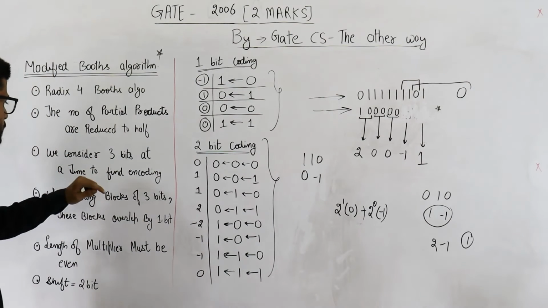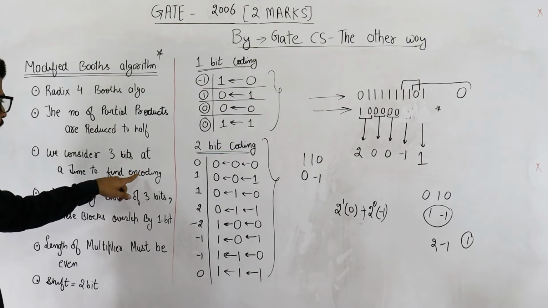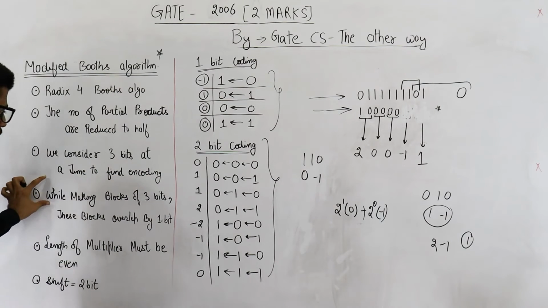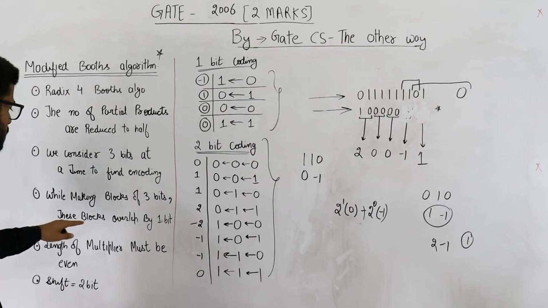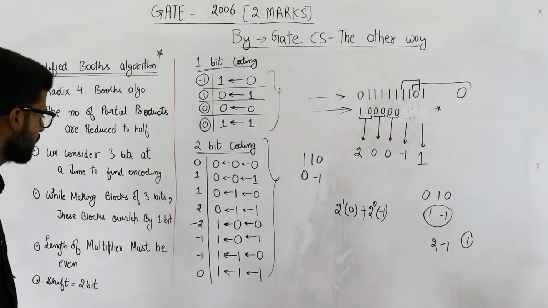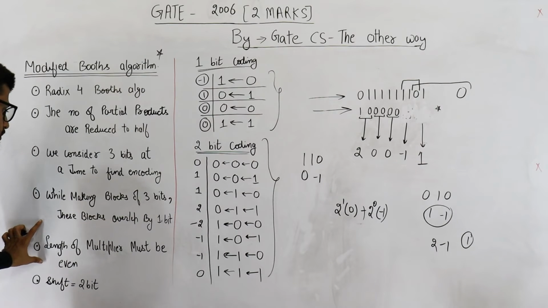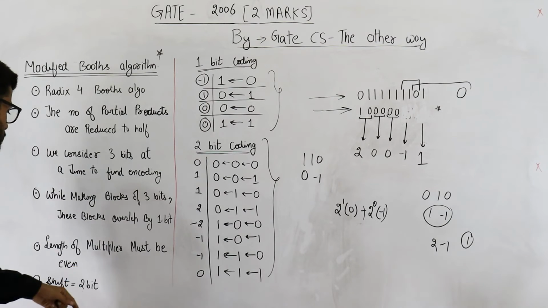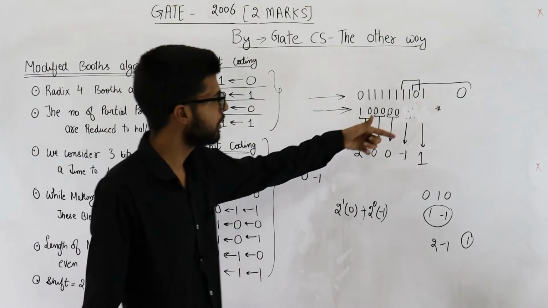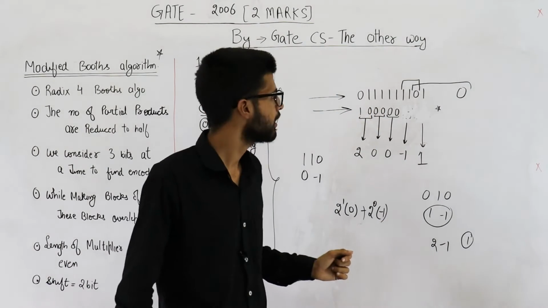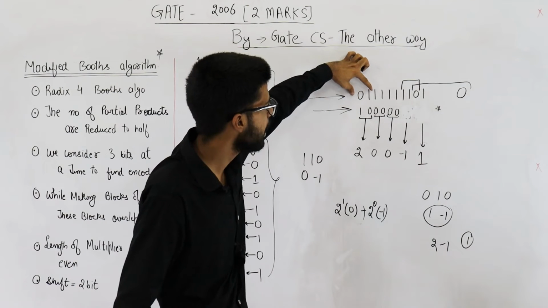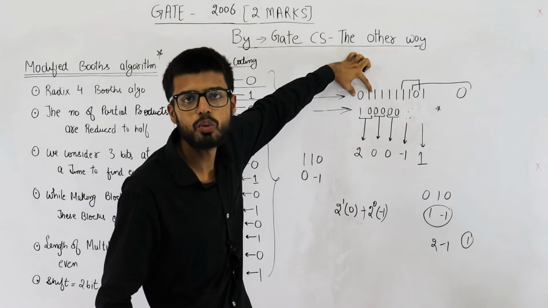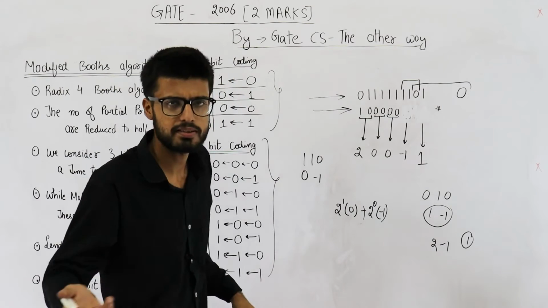We consider 3 bits at a time for finding the encoding. Yeah, already discussed. While making blocks of 3 bits, these blocks overlap by 1 bit. This one is also discussed. Length of multiplier must be even. Yeah, if you want to make groups, length of multiplier must be even. Else in the last group, you will have only 2 bits or 1 bit. Okay, you can see that.